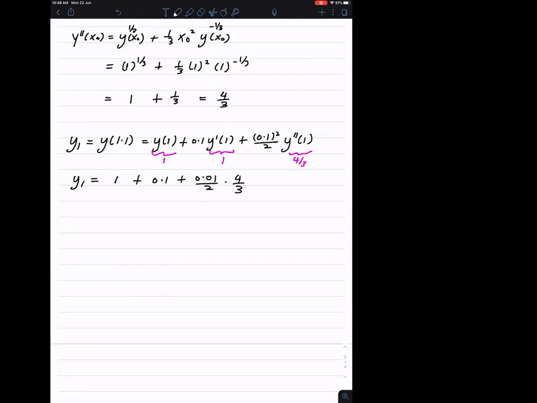Right now, y1 is 1.1066. Continue to go until 6. So if you want it in 3 decimal places, then y1 is going to be 1.107 to 3 decimal places.